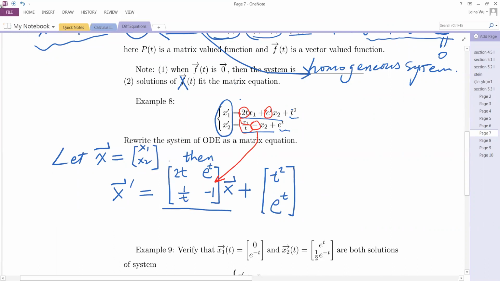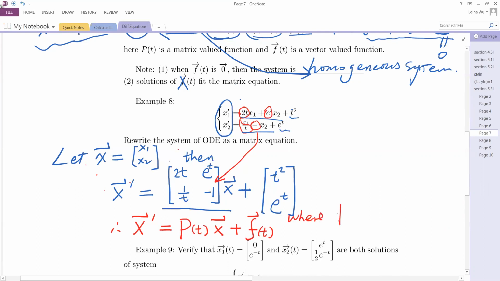All right, so I have x vector, its derivative equals P matrix of variable t, x. And over here will just be my f of t, right? F of t. F is a vector again, so put a vector sign on top of it.